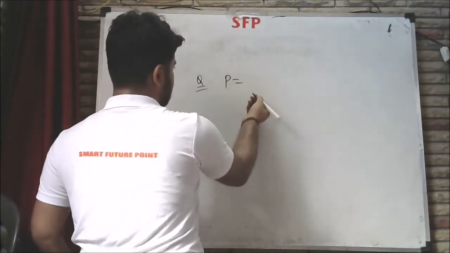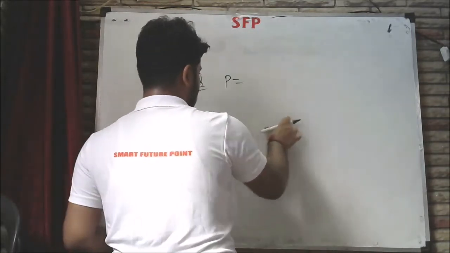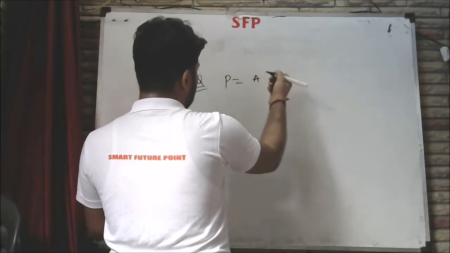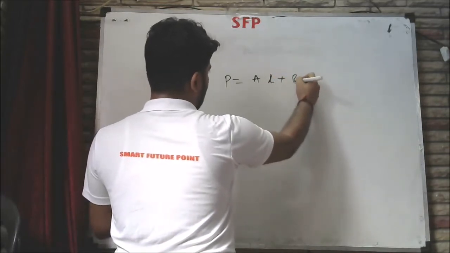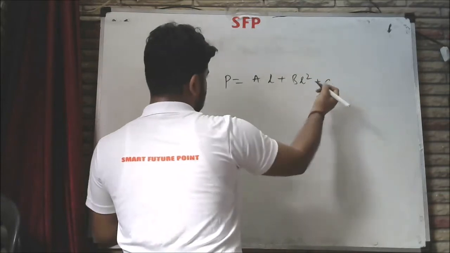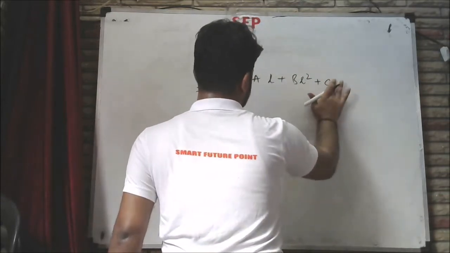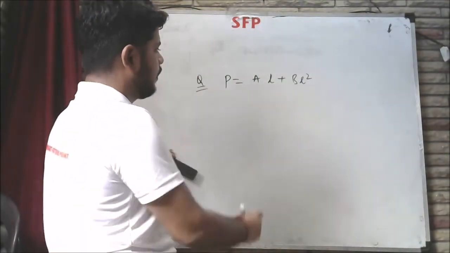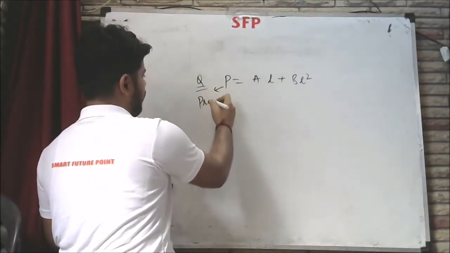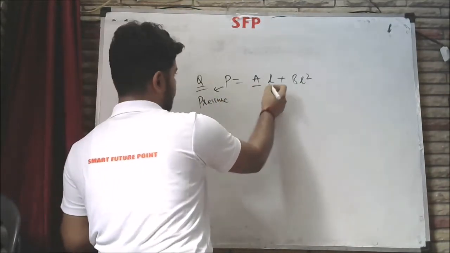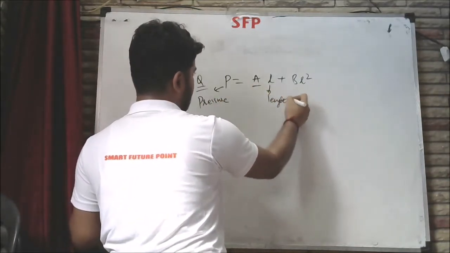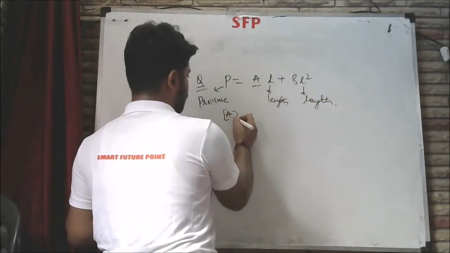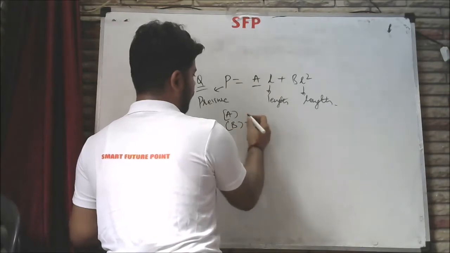Suppose pressure is represented by A into length plus B length square plus C. This P is your pressure, A is a constant, L is length, and we have to find the dimensions of A and B. What will we do?